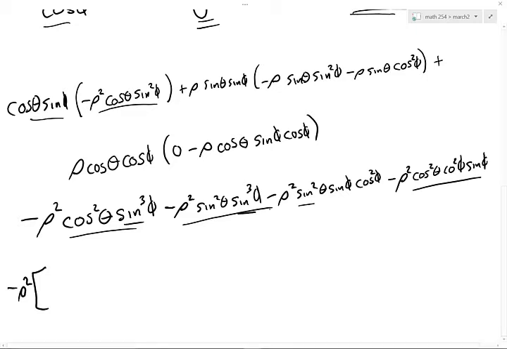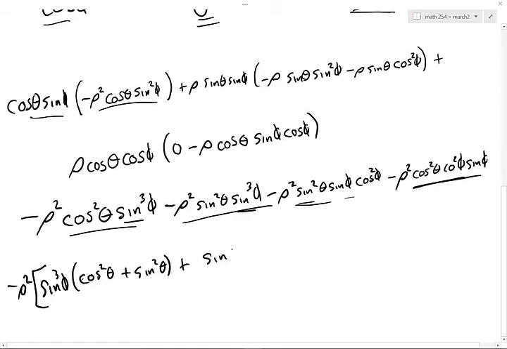They have this sine cubed in common. So I'm going to pull that out of these two. I end up with cosine squared theta plus sine squared theta, which of course is just 1. That's nice.